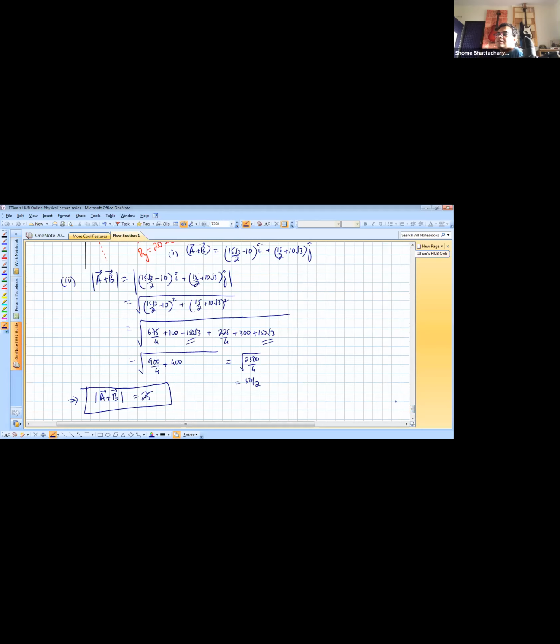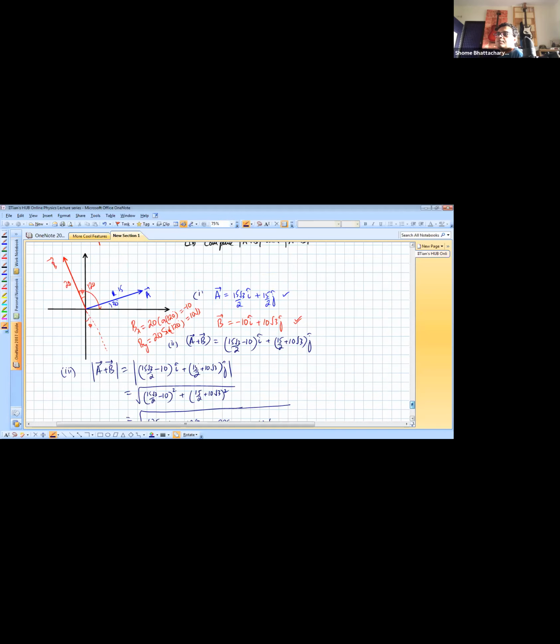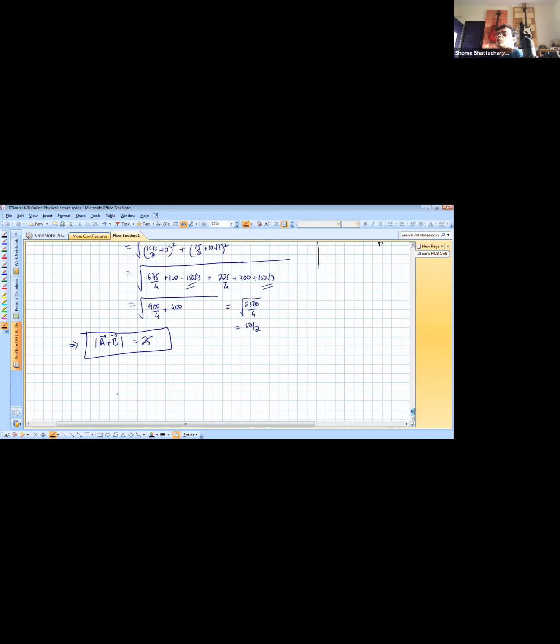Now why this is all unnecessary is because if you look carefully in the diagram, you will realize that the angle between A and B, that is how much? That is 90. If you look at it geometrically, theta is equal to 90 degrees is the angle between A and B. So that immediately actually helps you with this, and not only that, it also helps you with the fourth part.